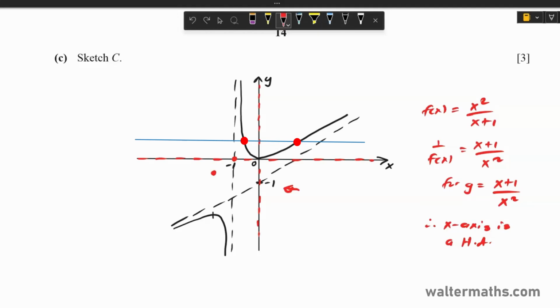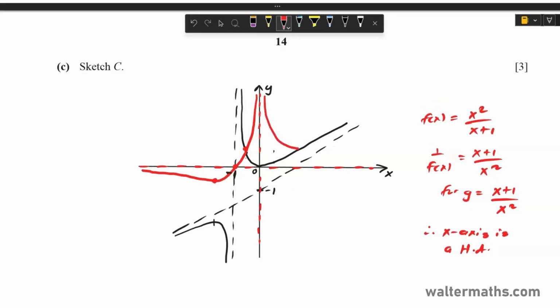So coupled with the knowledge that where the original graph is increasing, in other words, where its gradient is increasing, the reciprocal graph will be decreasing, and vice versa. The graph should come out like this. Pass through here, minimum point, then rises like this. Then on the other part, it comes like this.